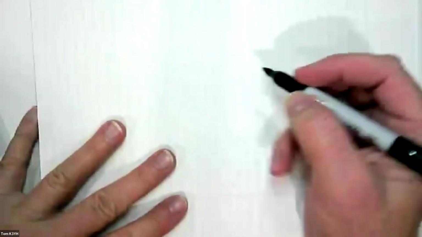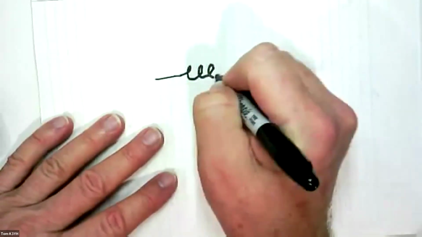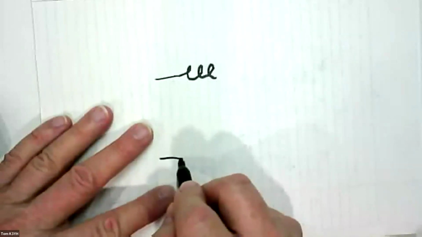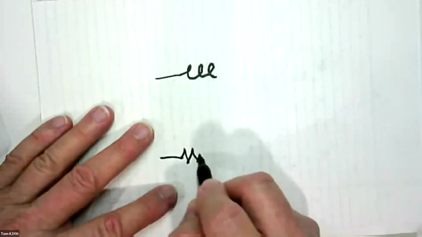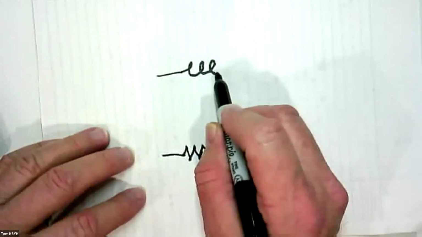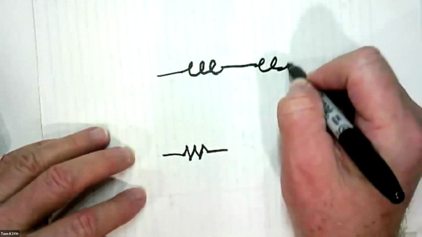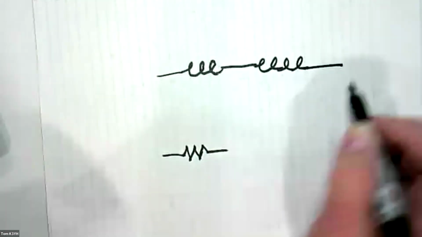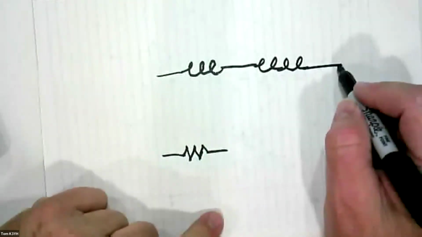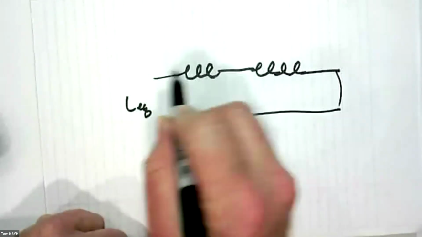All right. So I've got a series circuit and I got my inductors. And again, like Roll said, when we draw resistors, we draw them like this. So if you need a little visual thing to remind you, notice they kind of look the same. So I'm going to put two inductors in series. And of course, there has to be a wire coming back. So then I've got an L equivalent that I'm looking at.